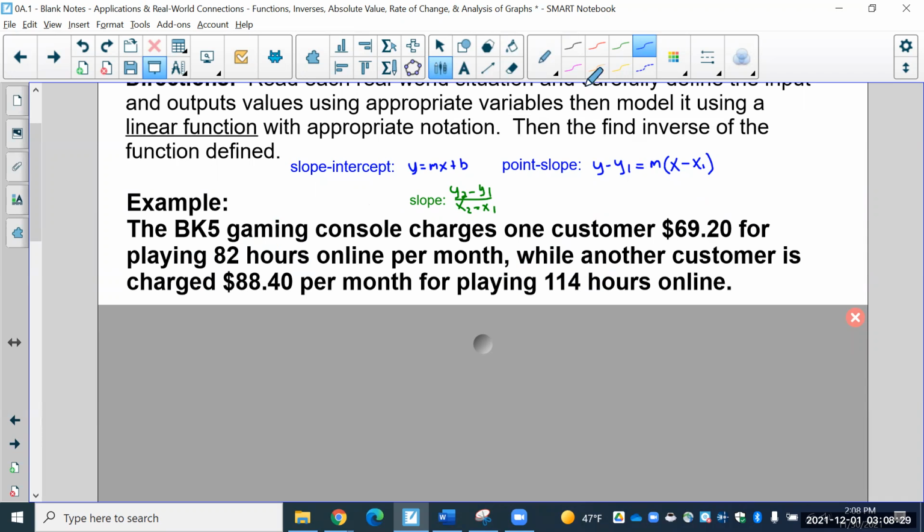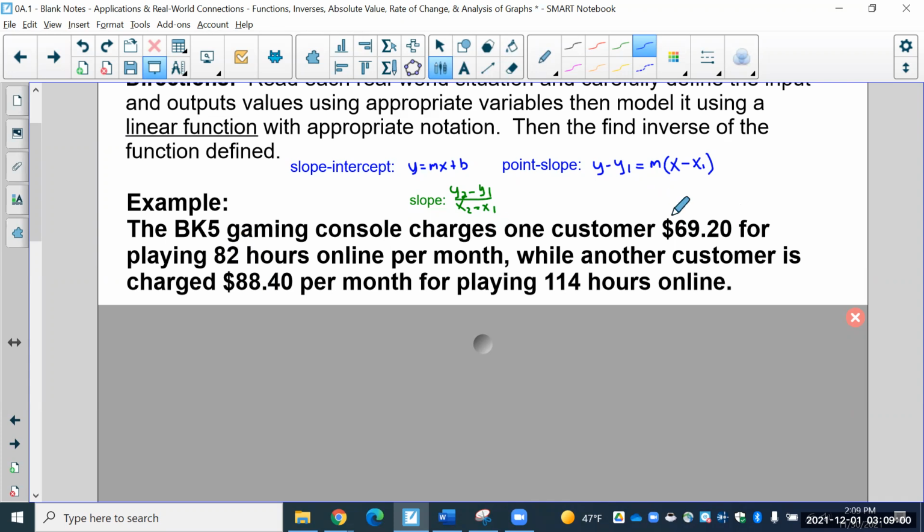It's very important in this case to think about input and output. So the way that you do that is to remember the concept of independent and dependent variables. And that always threw me off when I was a student. Independent means input. So just remember independent input. And also remember that independent variables control the dependent. So ask yourself, is your bill of $69.20 controlled by 82 hours?